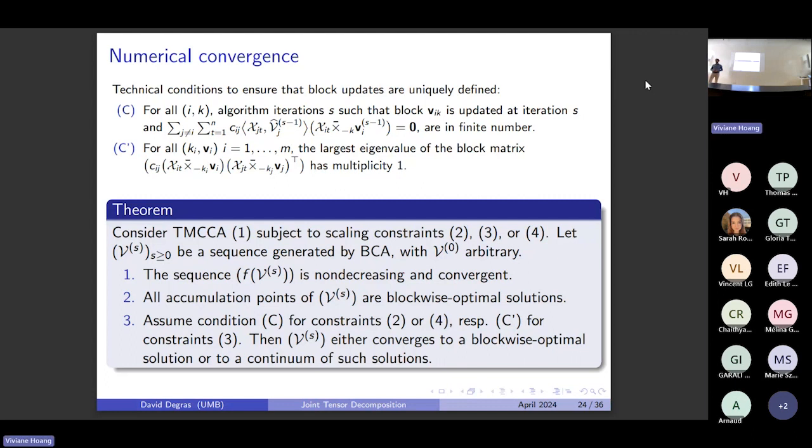Something that was surprising to me, which I didn't talk about, is that I spent quite some time looking at the initialization of the algorithms, because it's not convex. The answer might depend on where you're starting from. It doesn't make a whole lot of difference. I have some initialization based on higher order SVD, something based on doing pairwise CCAs, the standard CCA, after vectorizing the data sets, or taking random points.